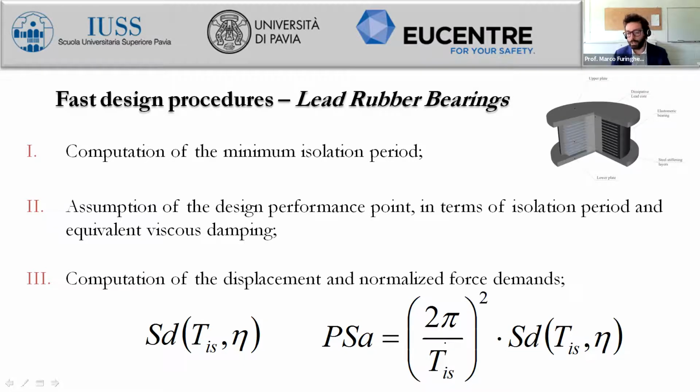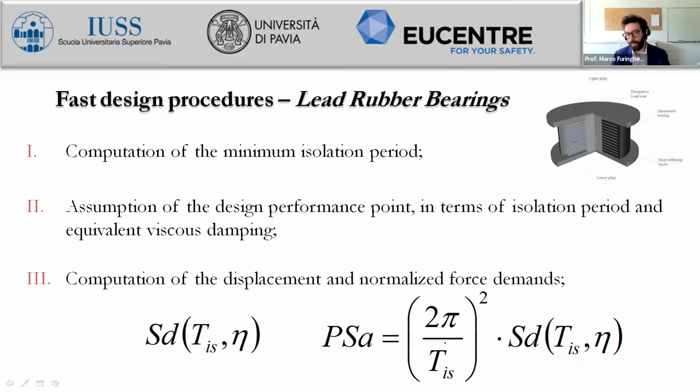According to this lower bound, we can then assume the performance point in terms of isolation period, the design value, and the equivalent viscous damping ratio. And for lead rubber bearings, we can assume the equivalent viscous damping ratio bounded between 20% and 30%. We have to assume a single value, and then go on to all the other steps.